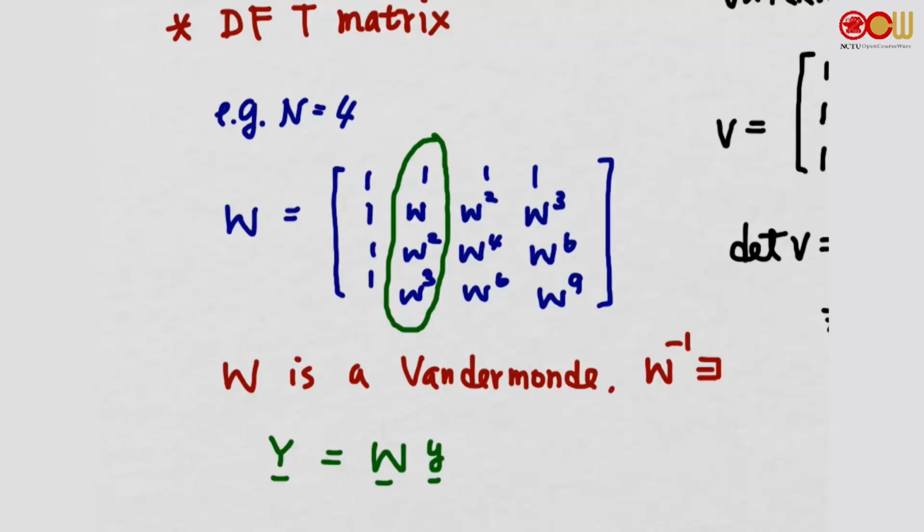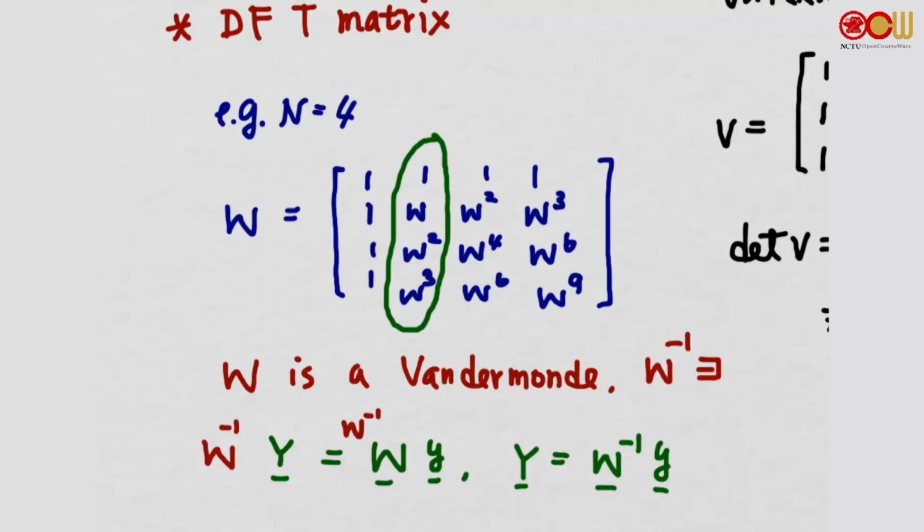Now that W inverse exists, we can simply multiply W inverse on both sides. Then we get small y equal to W inverse big Y. So that's no problem.